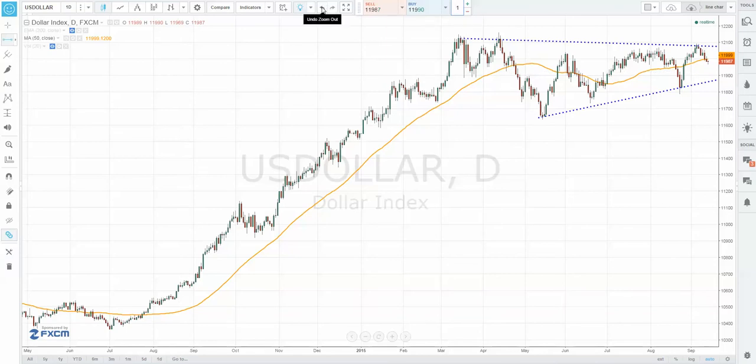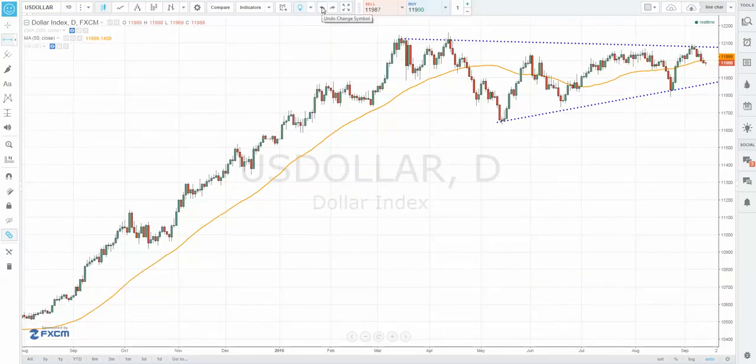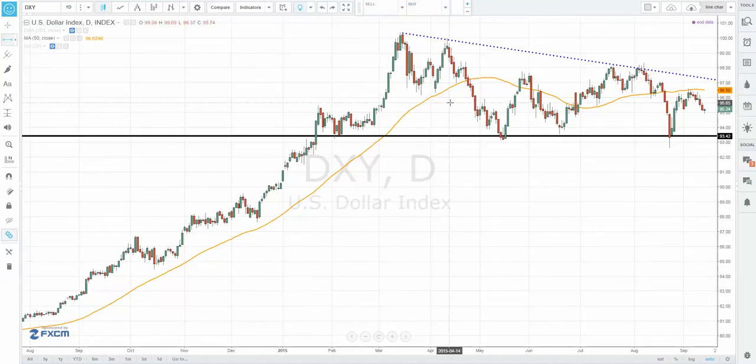If we look at this, this is the US dollar, the FXCM dollar index, which weights currencies differently than the futures dollar index. The futures dollar index here is very, oh, that's not it. This one is very much weighted towards the euro. So the US dollar index is a little more evenly balanced, it doesn't disproportionately reflect the euro.